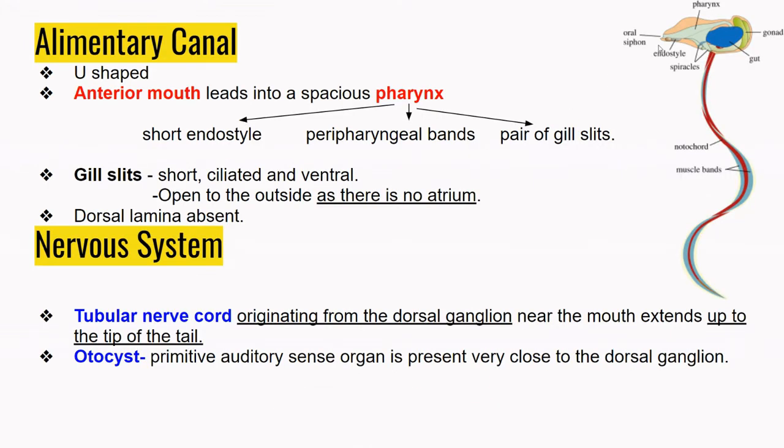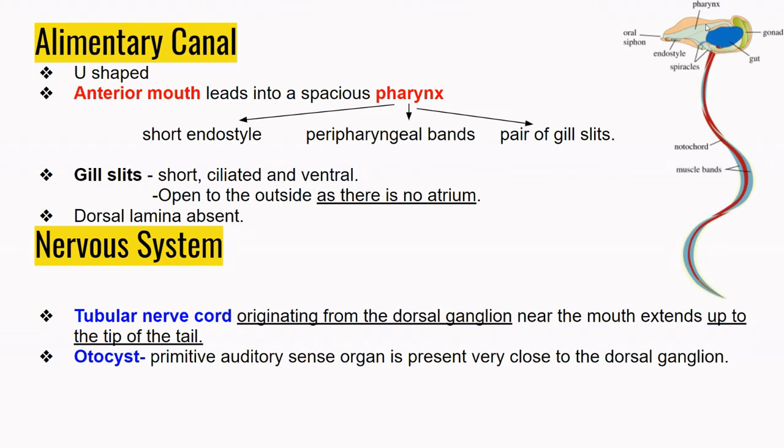Now, about the alimentary canal, it starts with the anterior mouth region. Here is the mouth region, and it leads to the large pharynx. And the pharynx, as expected, has a short endostyle in the floor. It also has peripharyngeal bands and a pair of gill slits. They do not have the dorsal lamina on the roof of the pharynx.